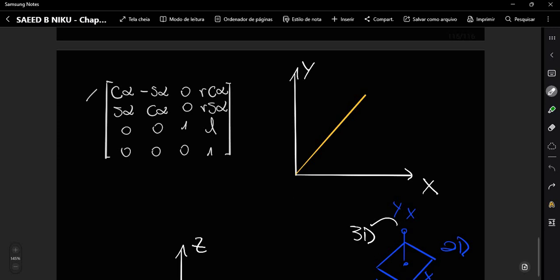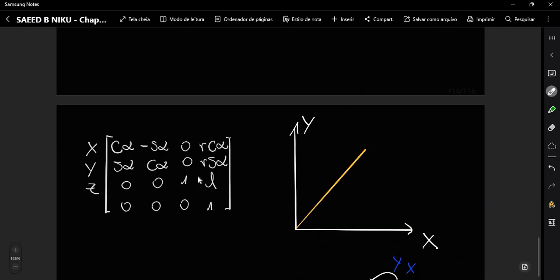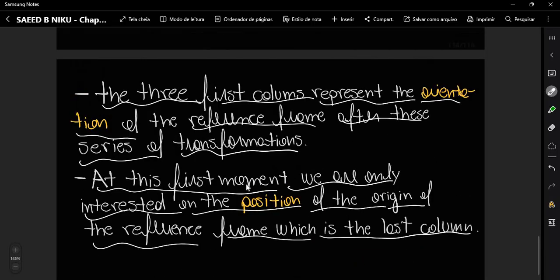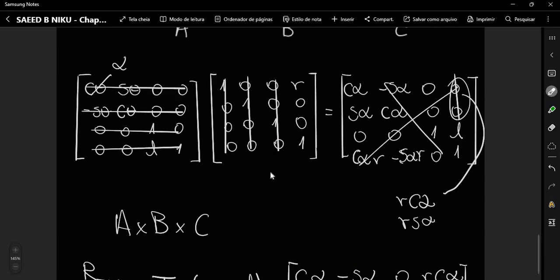So here I'm saying that this is x, y, and z, and this makes sense because let's take this third line, which is the z component.